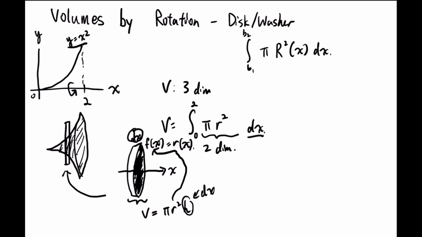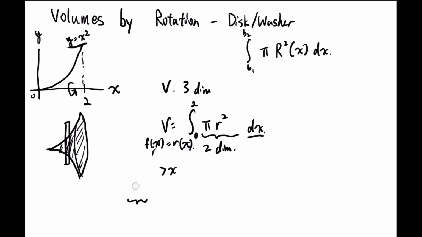So let's apply this concept to the problem that we currently have. The volume would be the integral from 0 to 2, because those are our bounds, of pi. Now the radius we just said is our function's value, right?